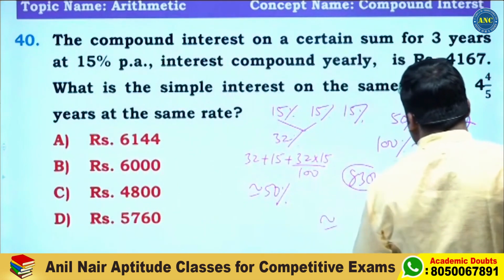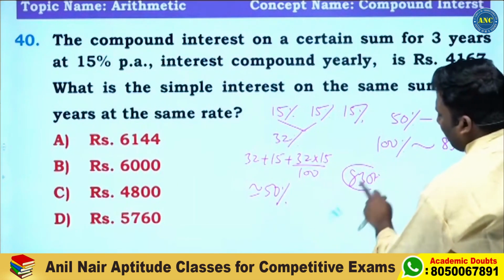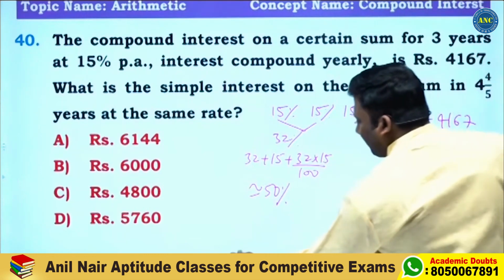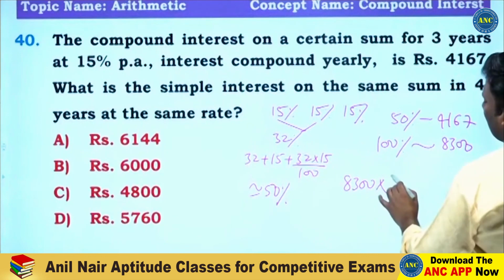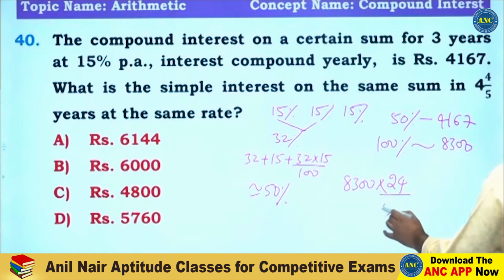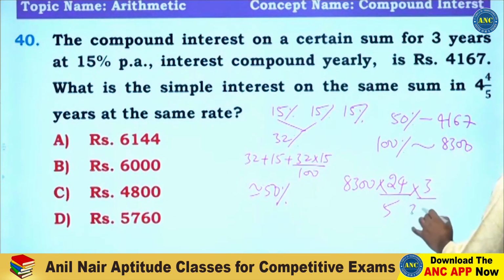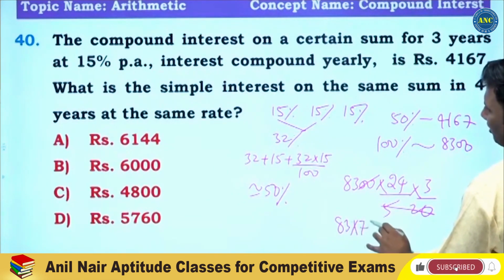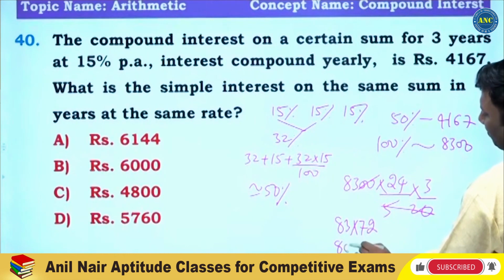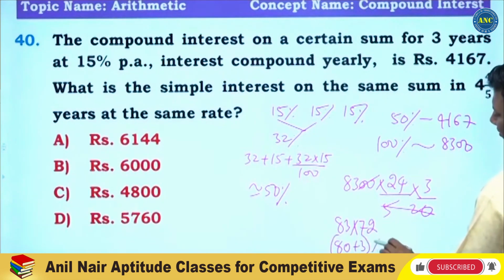Here I made a mistake. On this principal 8,300, how many years do I require? 24 by 5. It is 3 by 20. 100 cancel. 83 into 72. 80 plus 3 into 72.